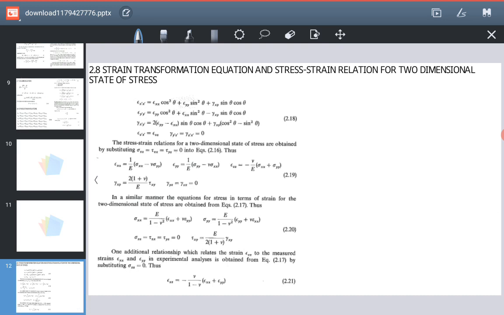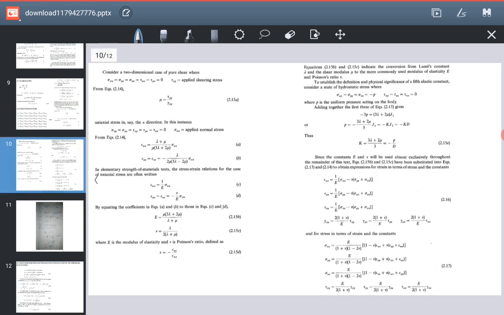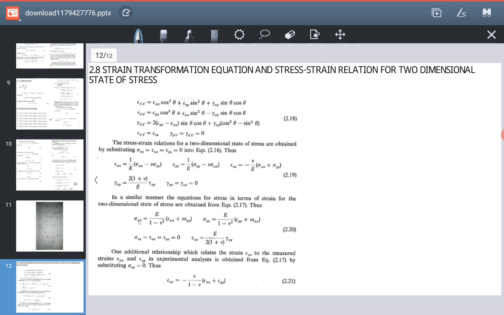Alright, now moving on, if in a similar manner I consider the same conditions but put them in equation 2.17, these are the equations. If I put that, I'm going to end up with these equations for normal stress and shear stress.